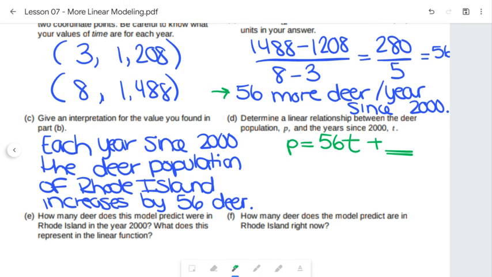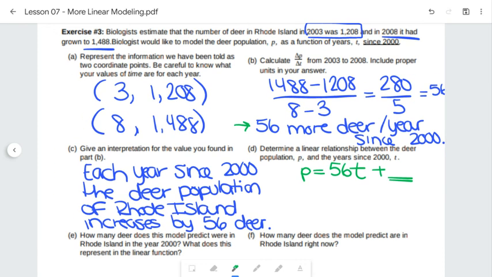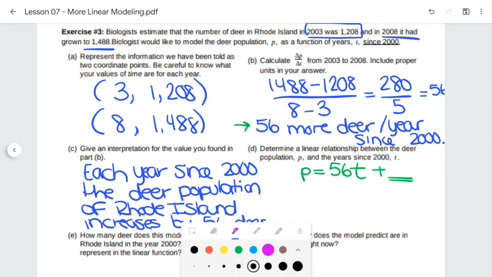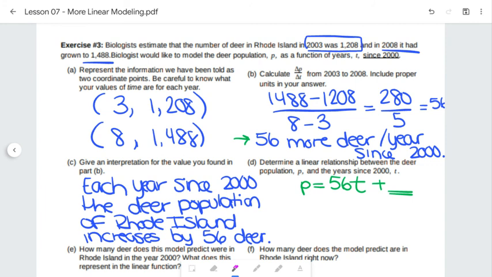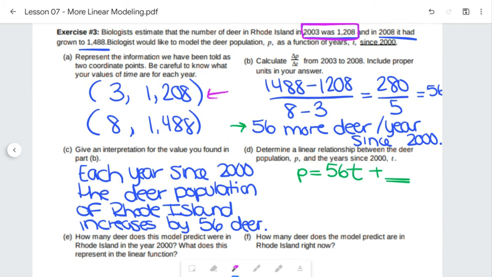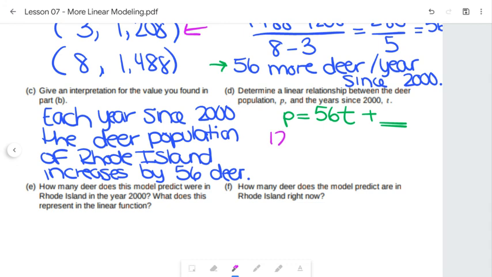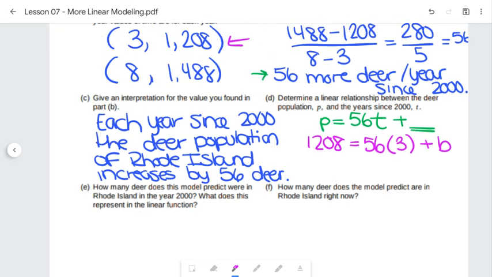So I could just find my y-intercept by plugging in another value. I could plug in either one of these two. So I'm going to borrow this 2003 here, that 1,208. So we have 1,208 equal to 56 times 3 plus b, so we can solve for b. So when I do that, 56 times 3, that's 168.